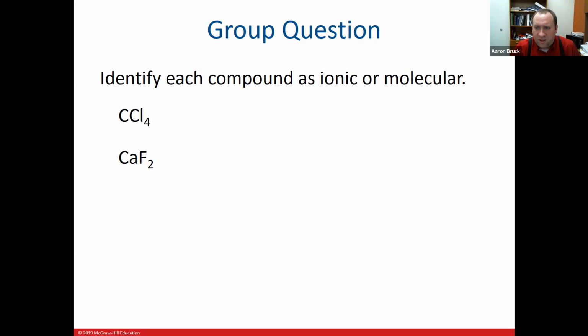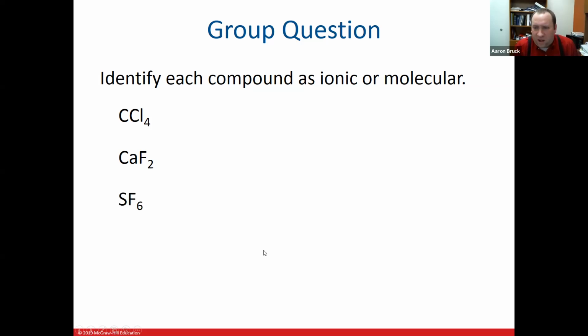All right, we're correct again. I this time is correct. This is an ionic compound. We have calcium, which is a metal, and fluorine, which is a nonmetal. Metal, nonmetal combined together, we've got ourselves an ionic compound. All right, let's take a look at another.